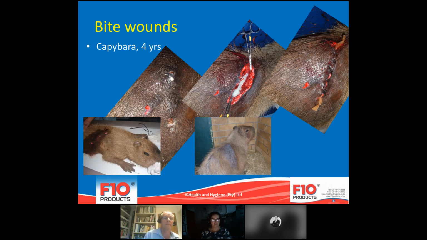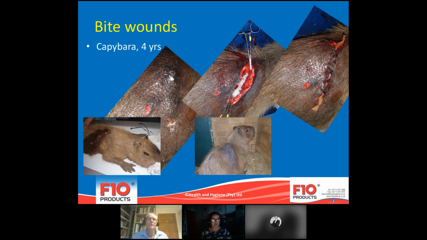So this was a more challenging bite wound. This was a capybara that had multiple bite wounds, especially on the right thoracic area. Initially there was just a pocket which was discharging a serosanguinous fluid, but when we opened it up, there was a lot of pus in there. So this is actually, I think, some F10 ointment in here. We placed a drain that was in there for a few days.